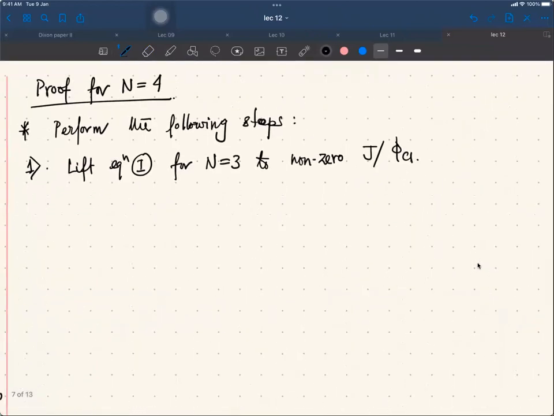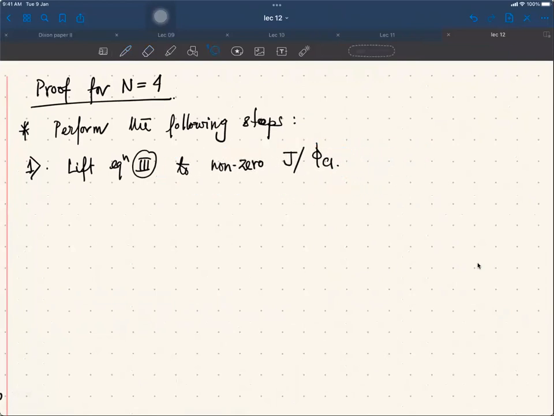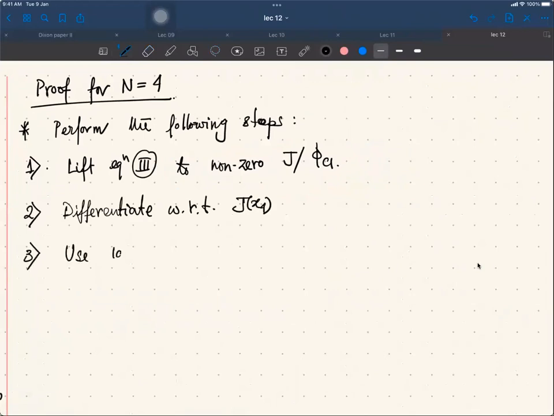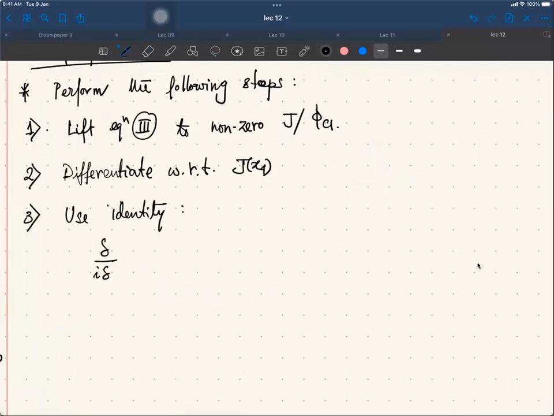So lift equation 3 to non-zero j phi CL, then differentiate with respect to j x4, then use the identity del over I del x equals integral du del to zj. This is what we used in the previous case as well.